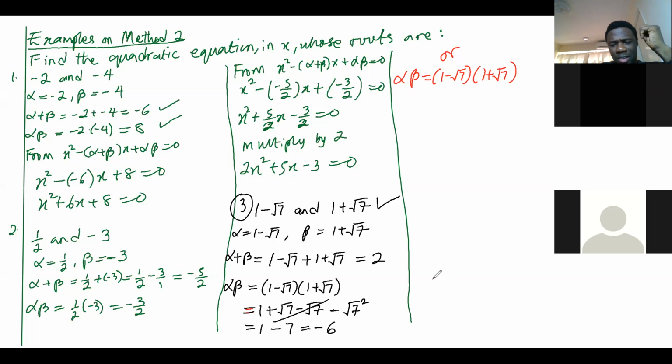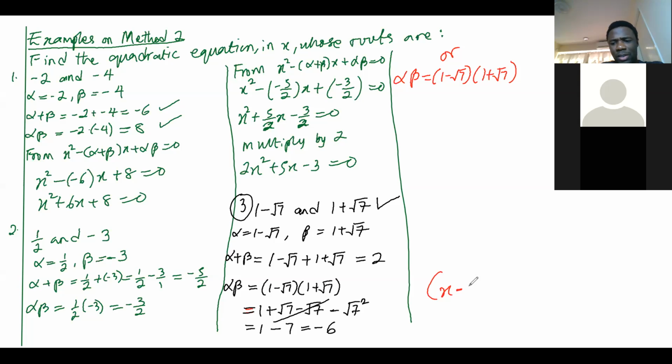Not really. Difference of two squares. Thank you, Austin. So it looks like x minus y, x plus y, right? And this is the factorized form of difference of two squares. The original form is x squared minus y squared, isn't it?